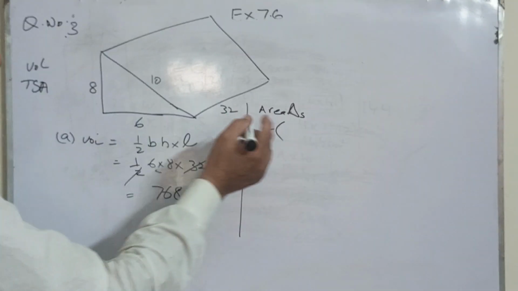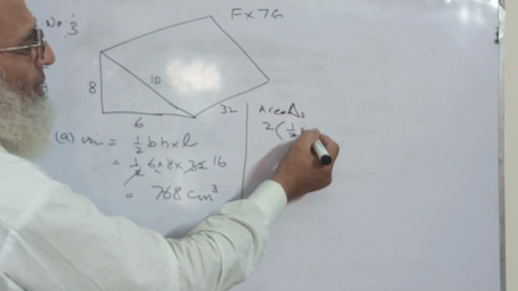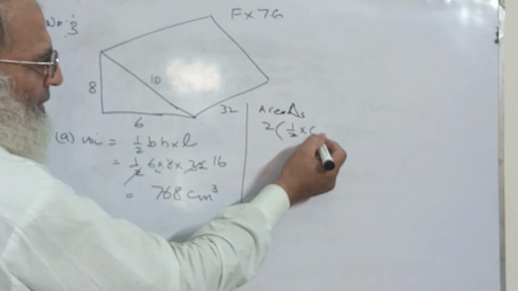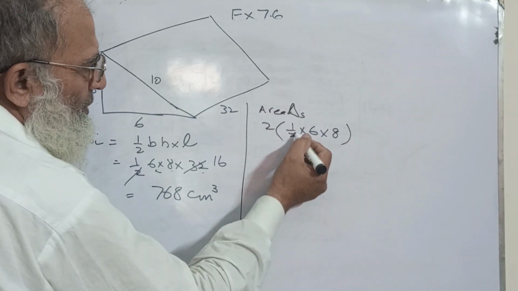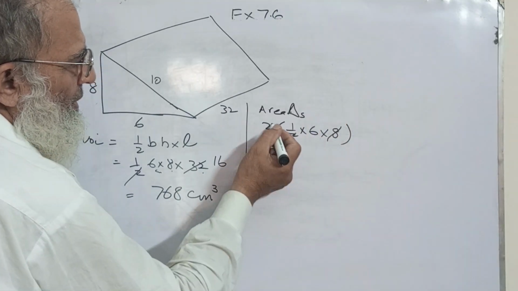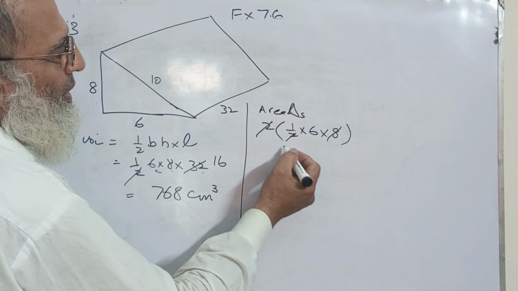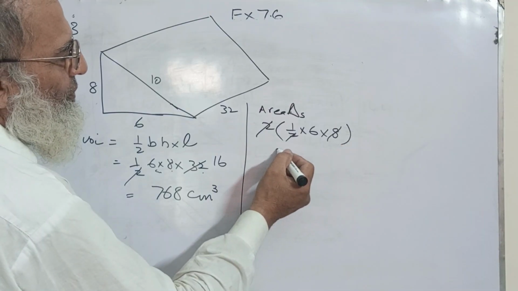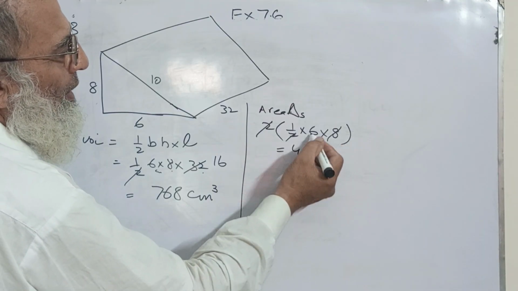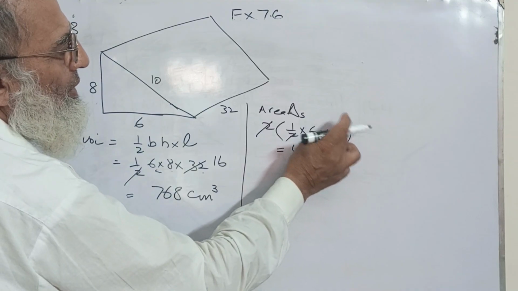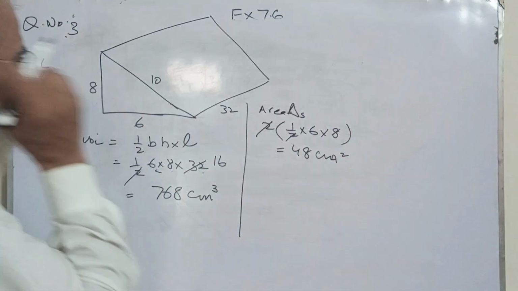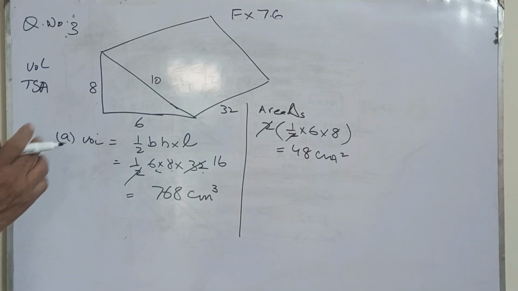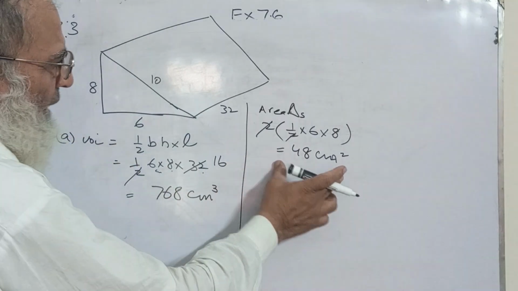Half base into height: base is 6, and the height is 8. So it is 48 centimeter square for two triangles.